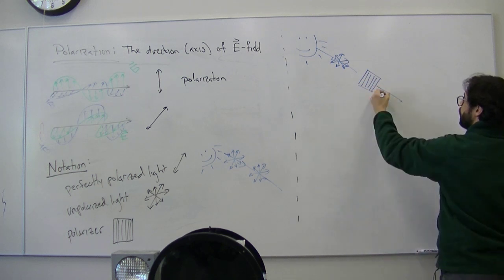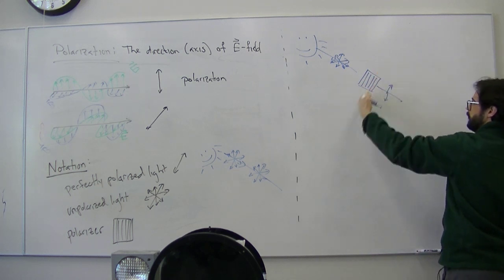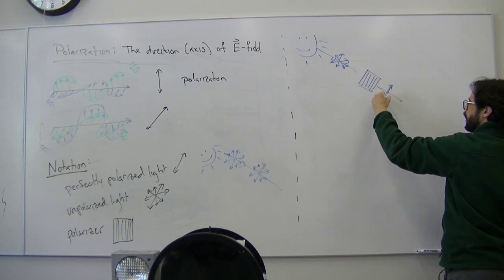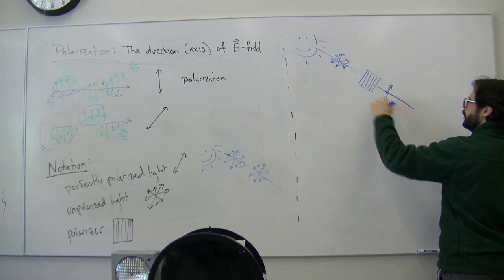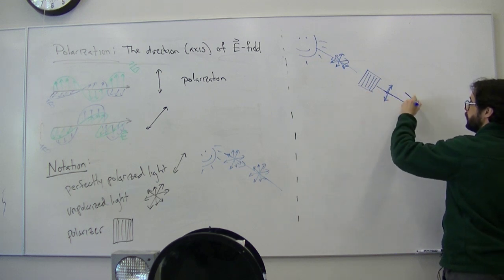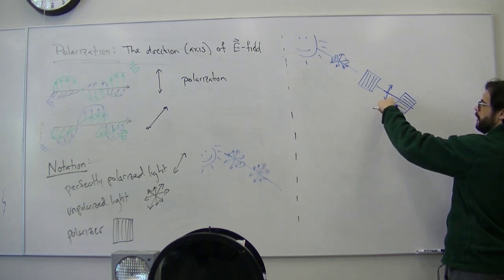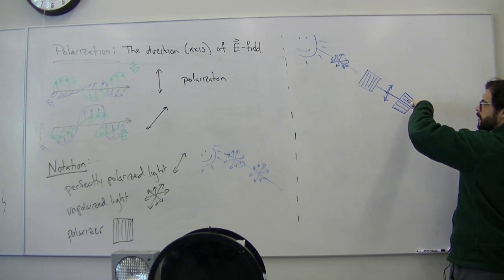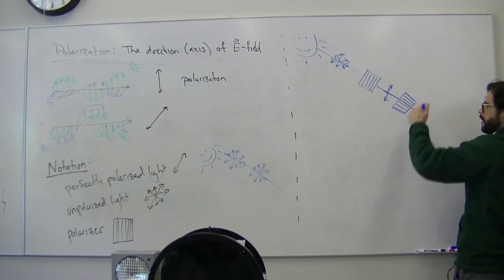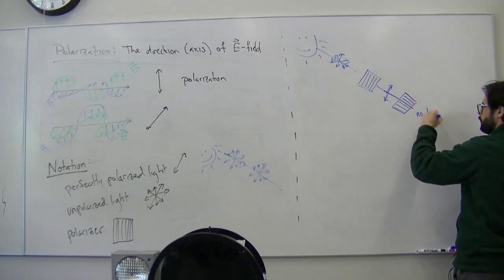So the thing that would come out is light polarized parallel to this direction, the so-called axis of polarization. And then what I could do is just as we did in that demo: I could put a second polarizer here, perpendicular to the first one, and this one is going to kill all the light that is not traveling in this direction, but all the light traveling is polarized in that direction, so we would get no light.